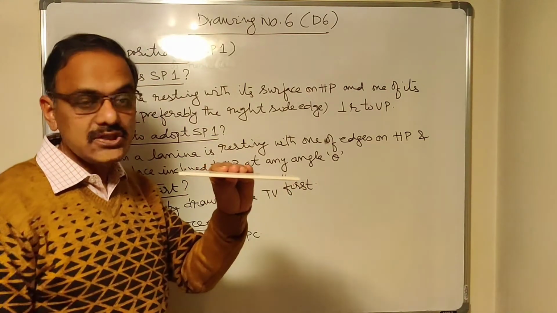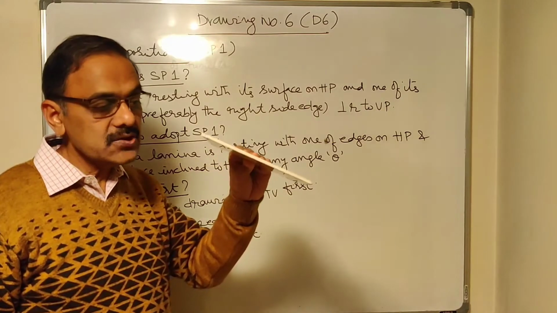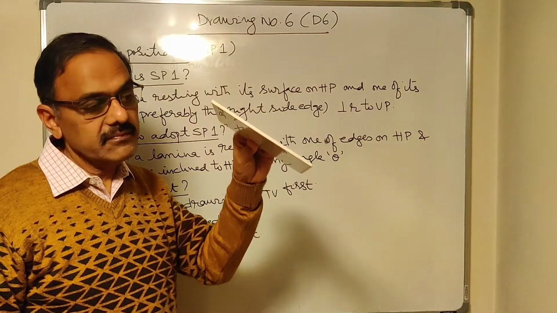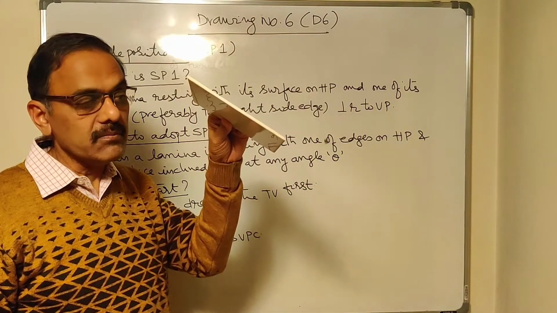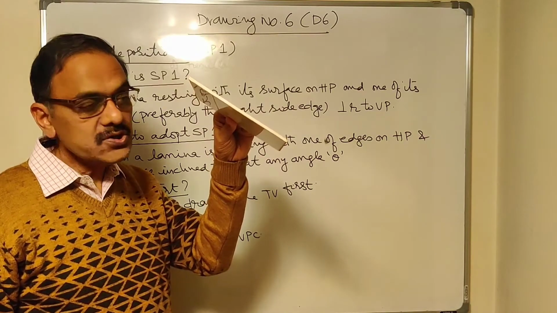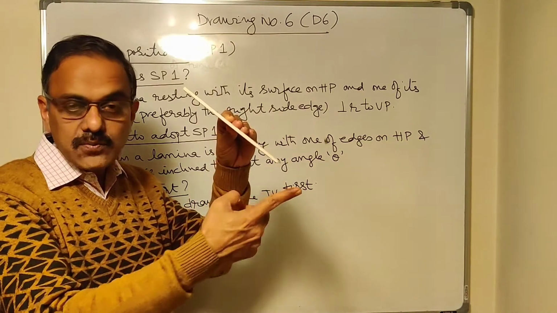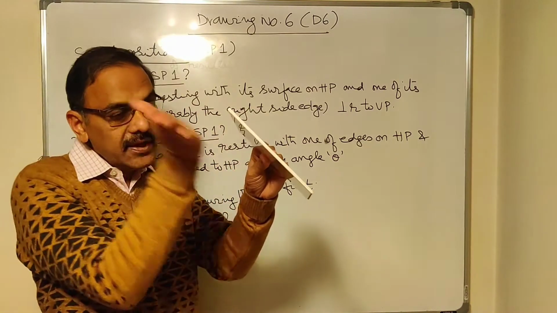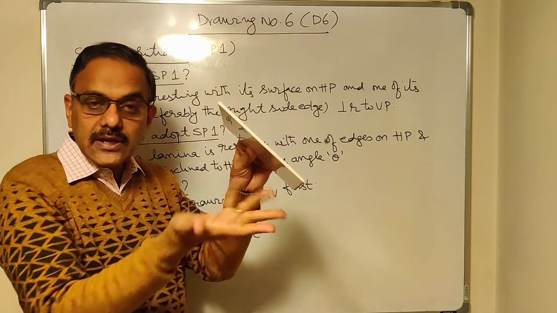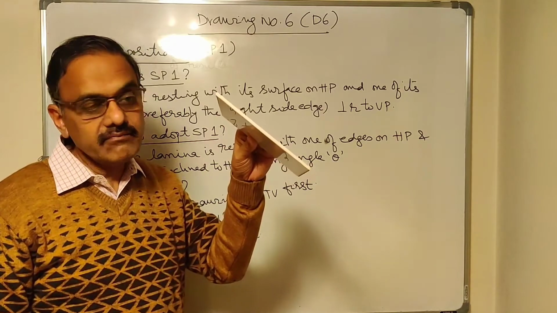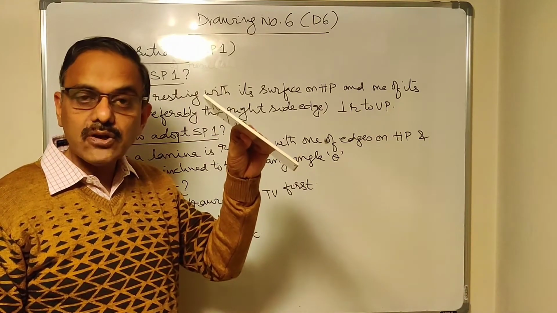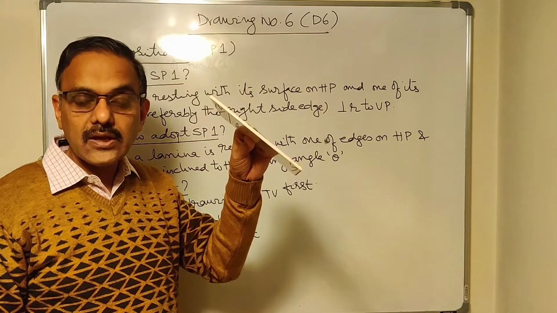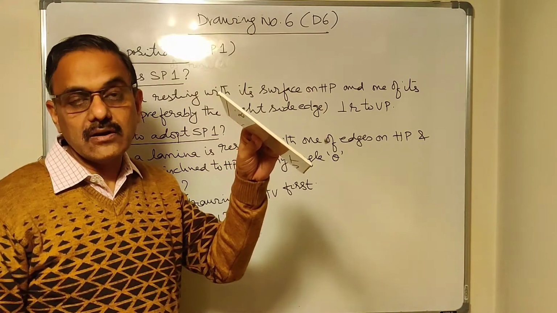One edge should be on HP and then the surface should be inclined to HP. This should be the position given in the problem. What is the position? One edge should be on HP. Yes, I will place it on the ground and then I will make the surface inclined to HP at an angle theta. So when this is the condition given to you in the problem, you should adopt SP1.